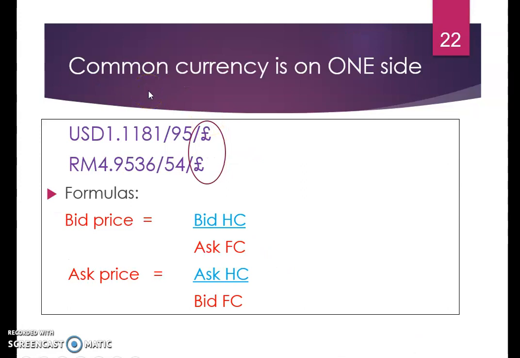This is the example for a common currency on one side. Why do we call it one side? In a cross rate, we must have two quotations. Here we have USD against pound, and the second one is RM against pound. Which currency is repeated in the second quotation?